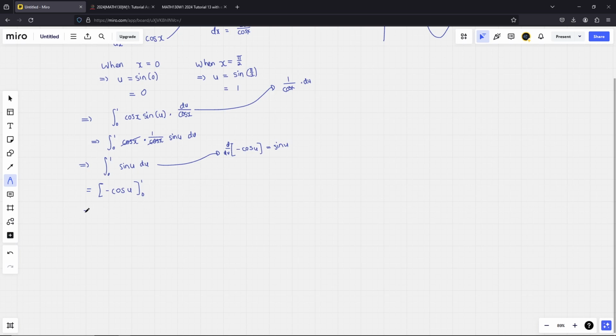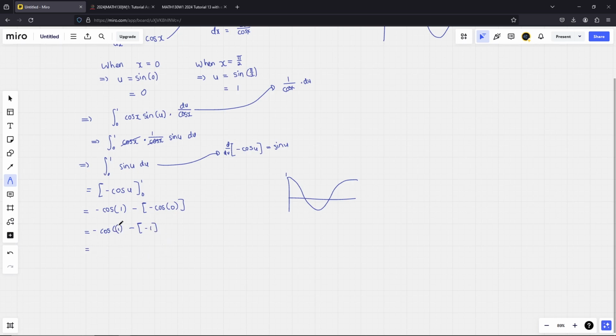Now evaluating this is going to be minus cos of 1, which is the upper bound, minus the lower bound, which is minus cos of 0. Let's take a quick look at the graph of cos. It goes 1, 0, minus 1, and then keeps going. So we know that at 0 the height is 1, hence here we're going to have minus 1.